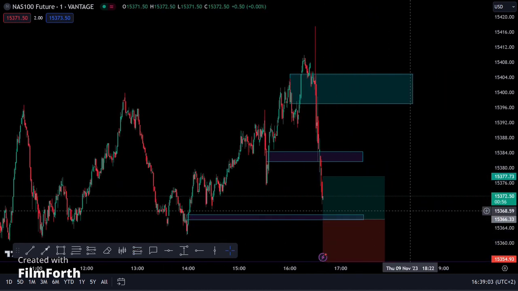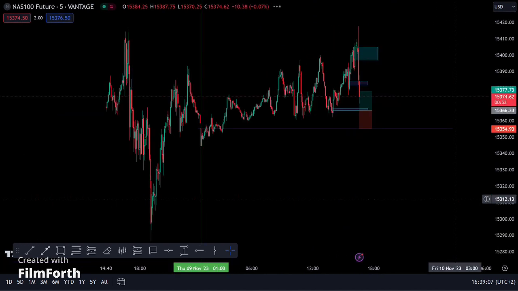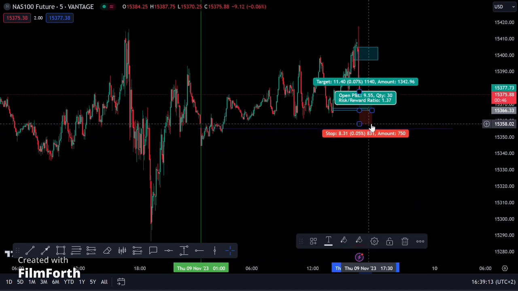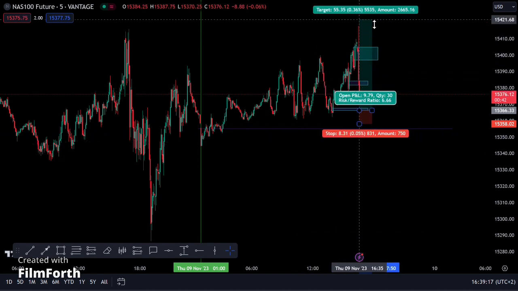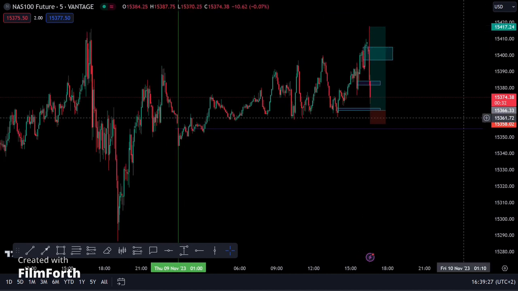Let's say 5 minutes. This is interesting. This is really, really interesting. Because again, on the 5 minute, it bounced off the 5 minute fair value gap.